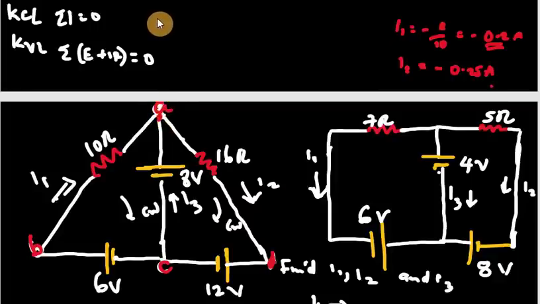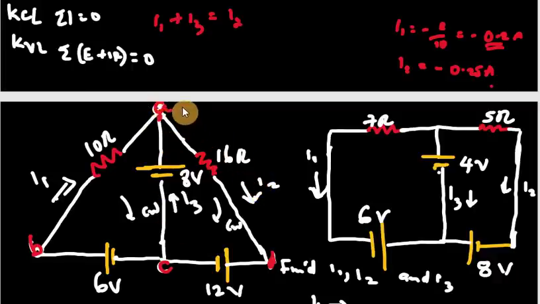So you have the sum of the currents entering the junction, which should equal the sum that leaves the junction, which is I2. So I1 enters and I3 enters. So the sum of the currents entering is I1 plus I3. This is the junction, and I2 leaves.